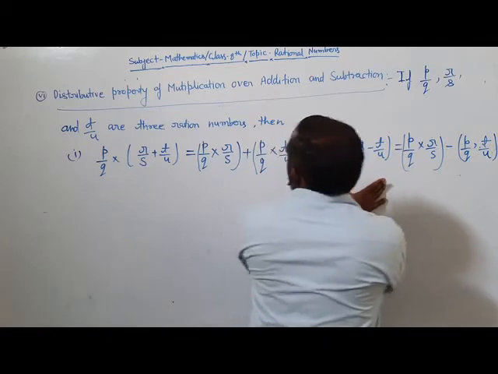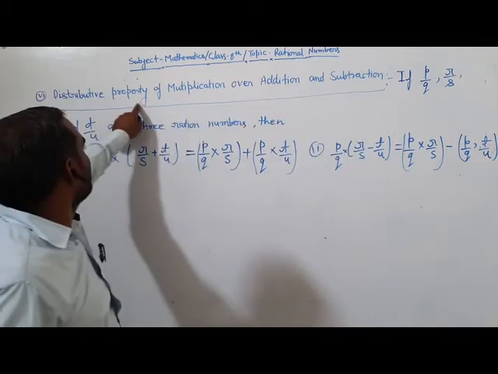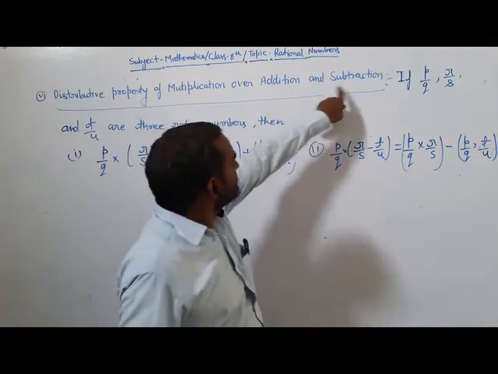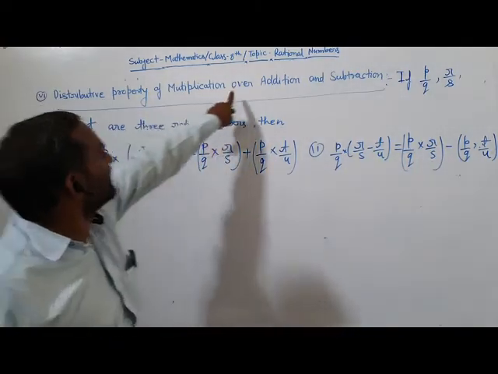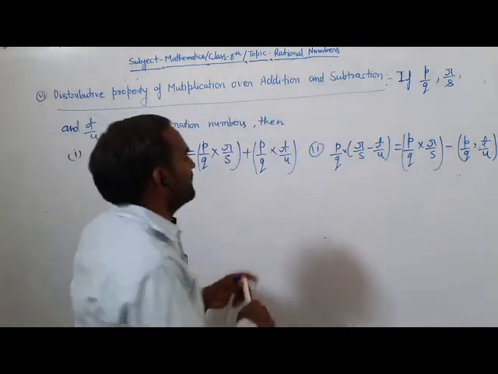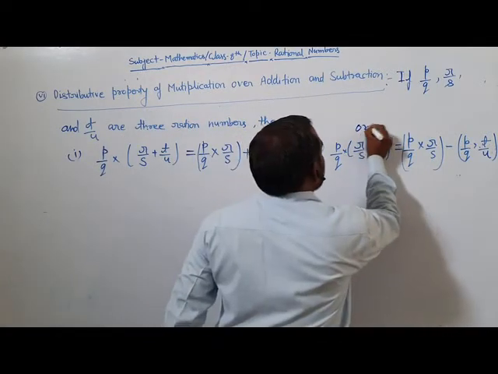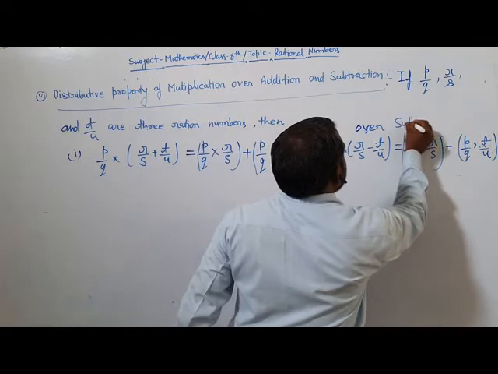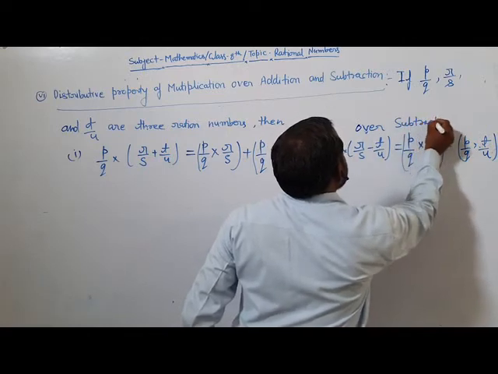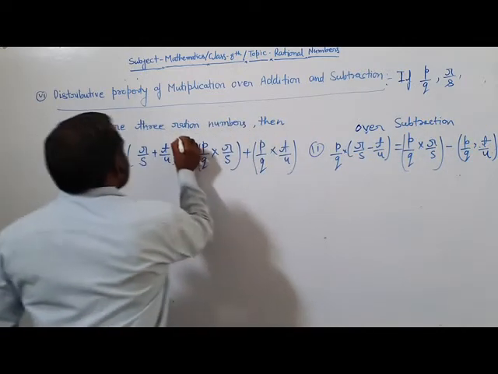So this is called the distributive property over subtraction.